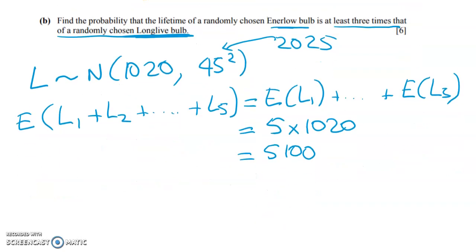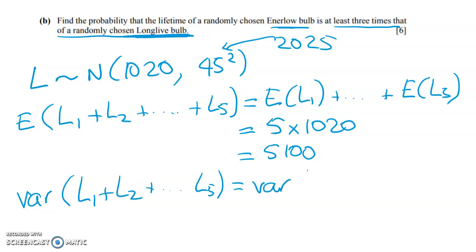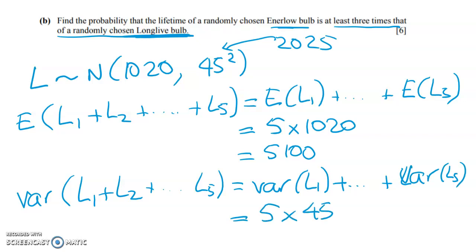And then for the variances, we can also add up the separate variances, plus the variance of L5. So we're getting 5 variances added up, and that gives us 5 times 45 squared, which is 10,125.